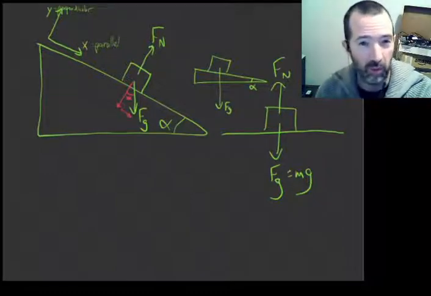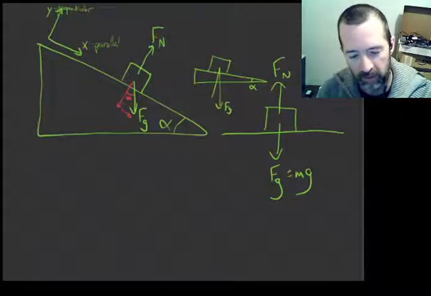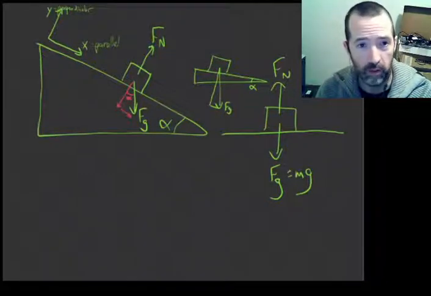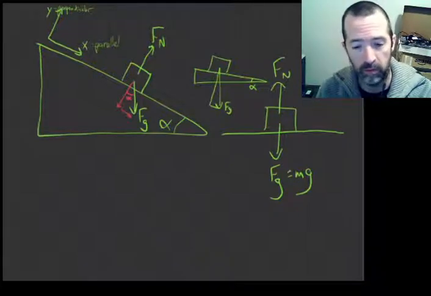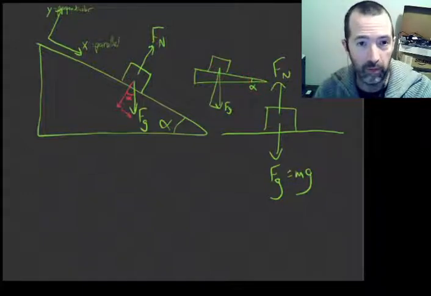I need to draw a component that's perpendicular to the ramp, so that's going to be like this. And then I need a component that's parallel to the ramp, which is like that. And by exaggerating this where the angle is really small, it becomes pretty obvious that this angle up here is the one that matches the ramp's inclination.